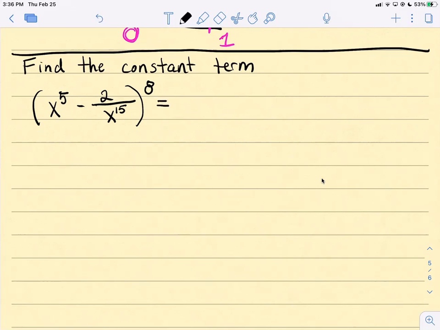So when you FOIL this out, what's the very first term we should get? What do you guys think? When you expand it with the binomial theorem, what would be the first term you would get?